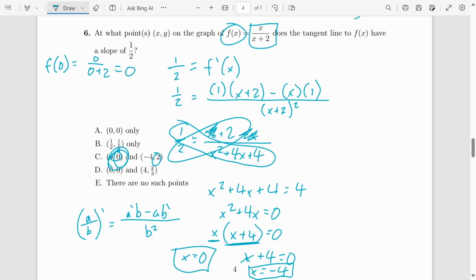That checks out. We are supposed to get a 0 there, and we did. And f(-4) equals -4 over -4 plus 2. That equals -4 all over -2, which equals 2, and that also checks out. We have a 2 there, so we know that C is our right answer.